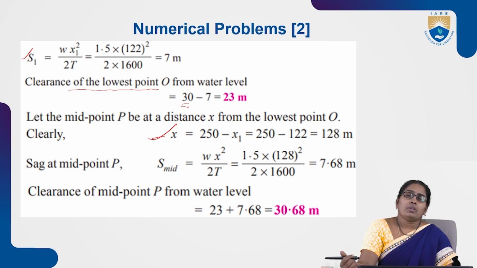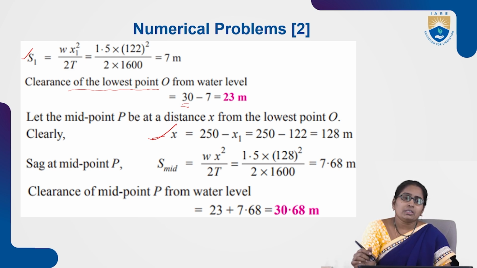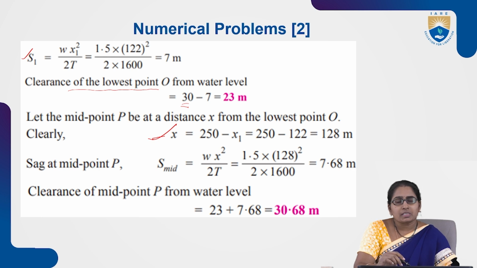Now calculate the sag corresponding to this distance, because we know the clearance at the lowest point. Based on that data, we do the remaining part. The midpoint distance is considered, and with respect to that distance the sag is calculated.